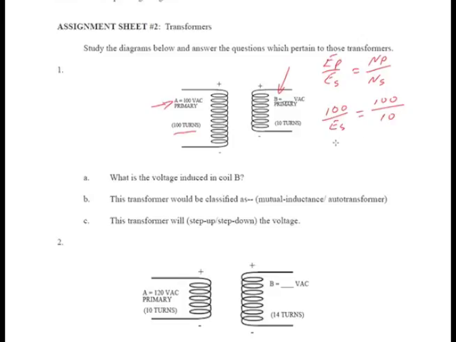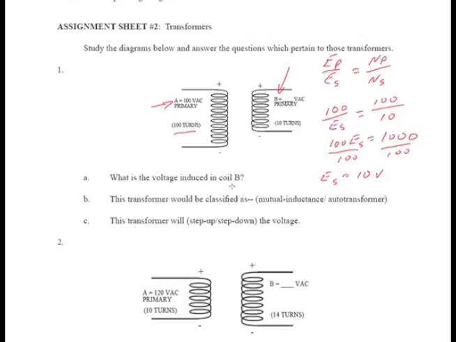So to solve this direct proportion, if we cross multiply, we get 100 times ES is equal to 10 times 100, which is 1,000. Then if we divide both sides by 100 to get ES by itself, ES is equal to 10 volts.